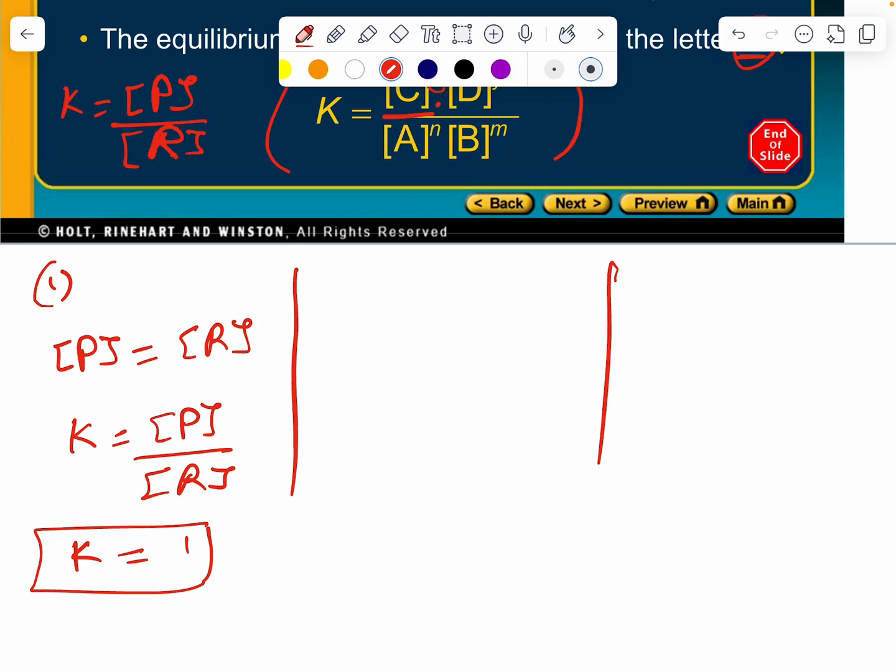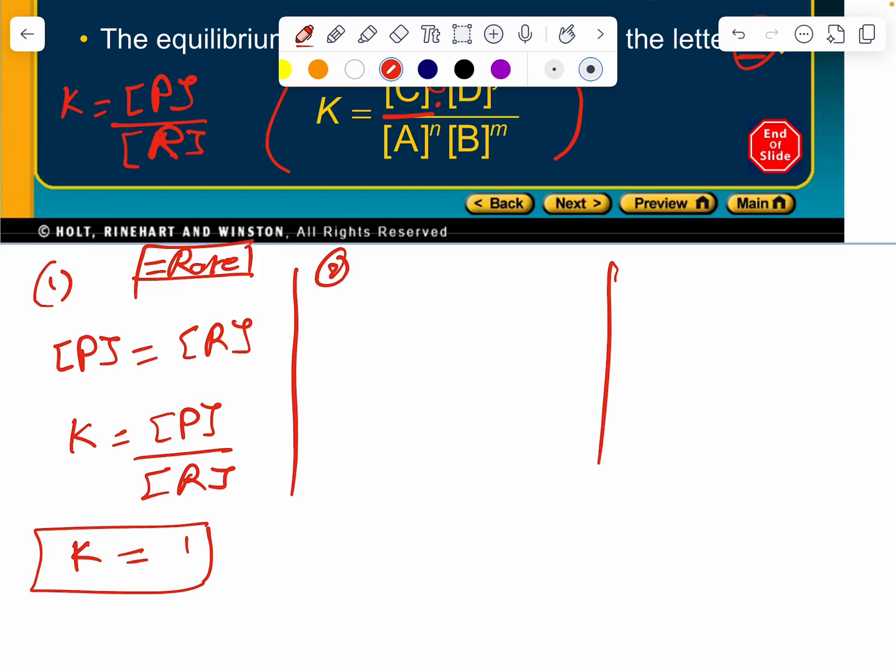So if K equals 1, this is the meaning: the concentration of products equals the concentration of reactants when we have equilibrium, when we have equal rates. Remember that equal rates mean we're going to have equilibrium.